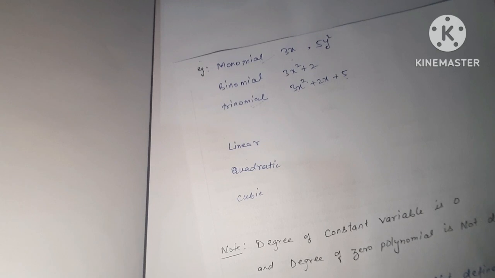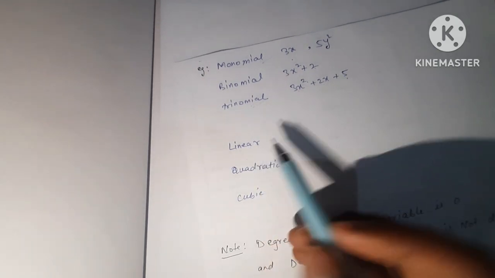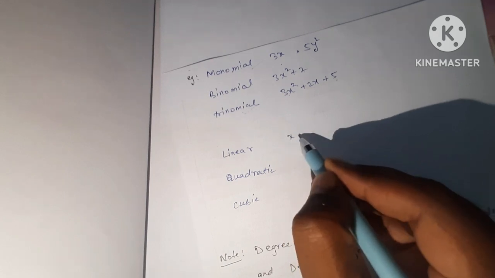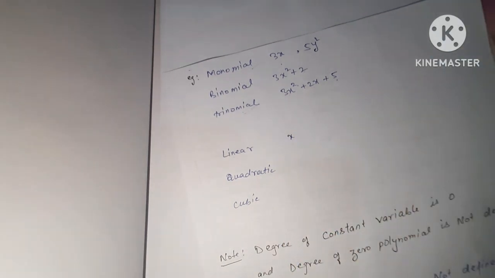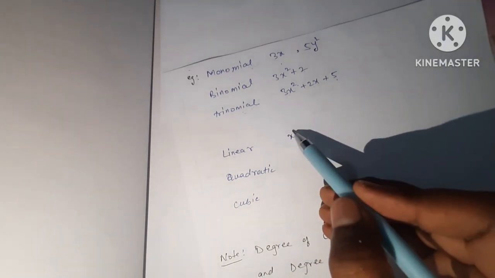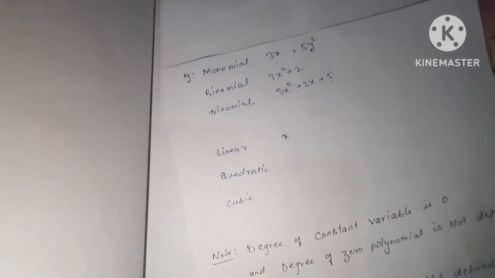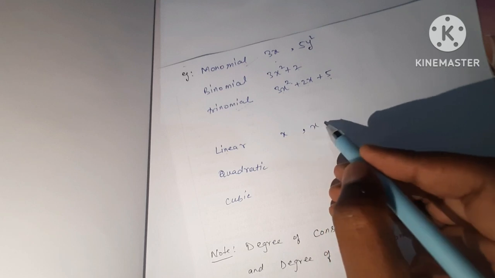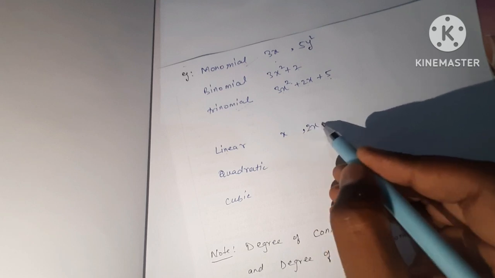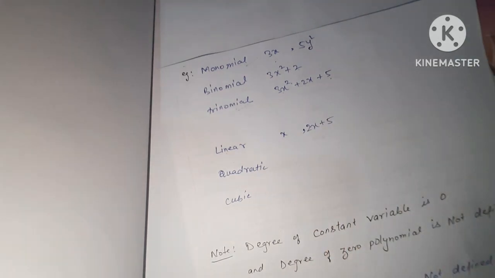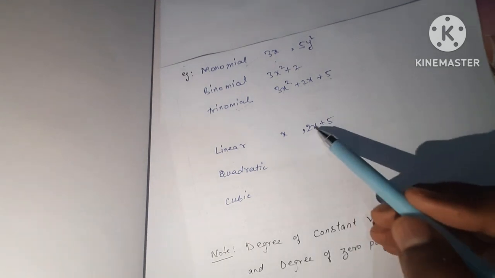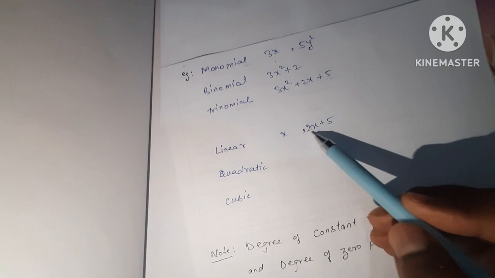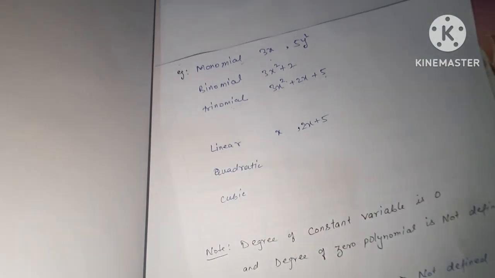Now on the basis of degree, if the degree is 1, we call it linear. So we write, suppose, x. The degree, the power of x, is 1, so we call it linear. Another example, 2x plus 5, suppose. The power of x is 1, so it is a linear polynomial.